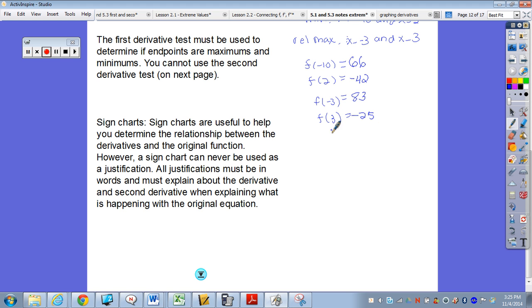Okay, and then from this, you can see that -3, 83 is the global max. And then the global min is at 2, -42.